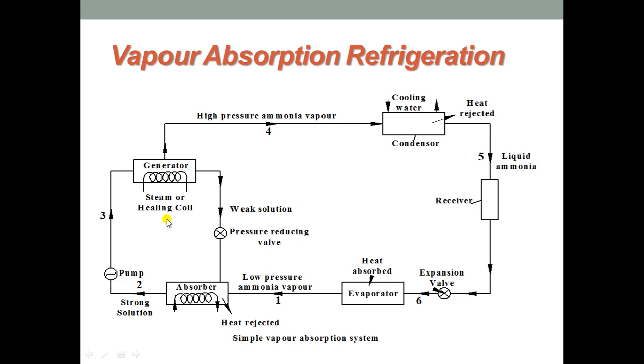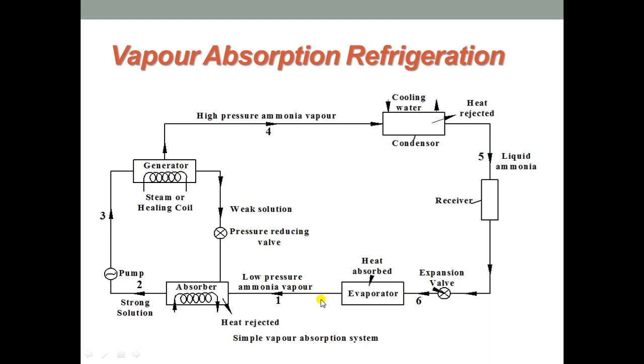To begin with, let us assume the liquid ammonia refrigerant in the evaporator absorbs heat from the inside of the cabin and undergoes phase change from liquid to vapor. Here heat is absorbed and phase change takes place from liquid to vapor.